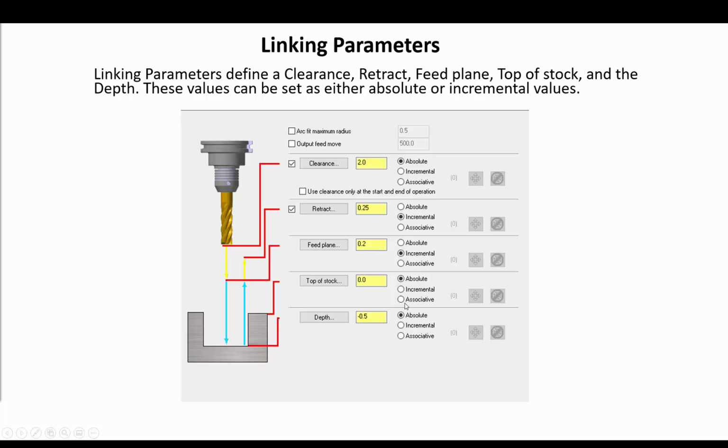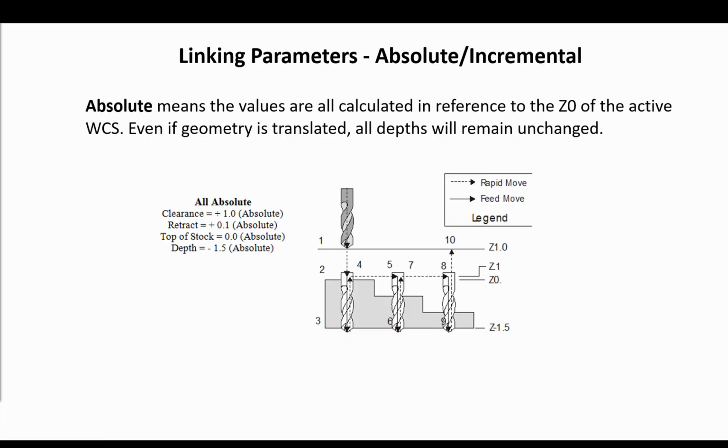You can also use the associative option to instruct Mastercam to calculate the values relative to a selected point from the geometry. Absolute means the values are all calculated in reference to the Z0 of the active WCS. Even if the geometry is translated, all the depths will remain unchanged.